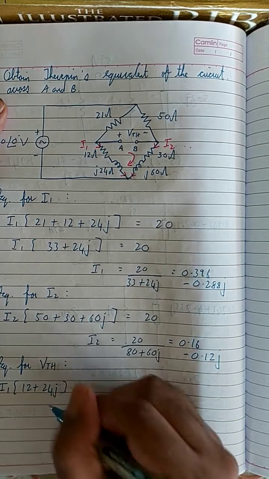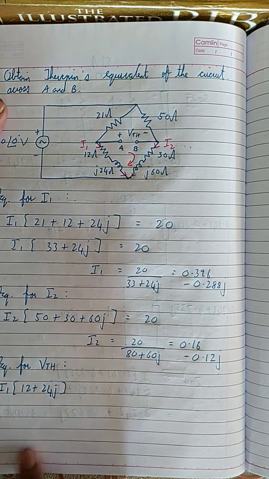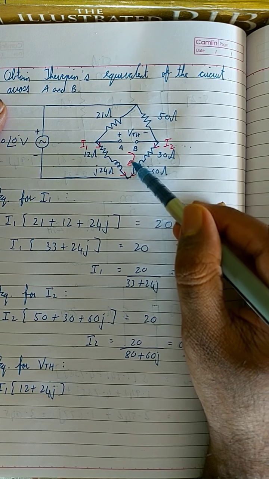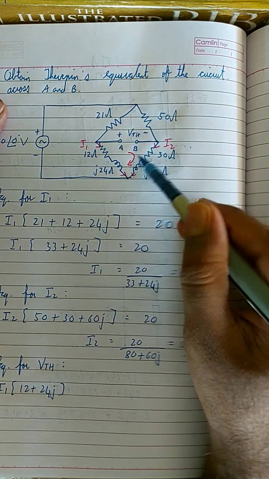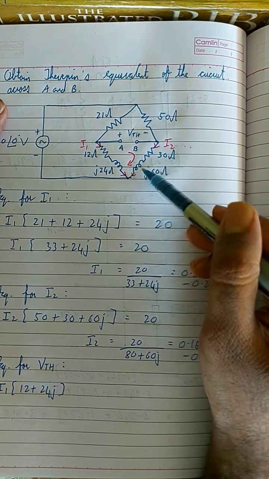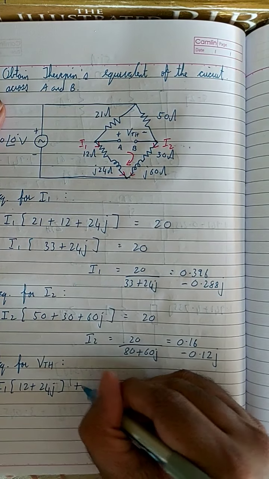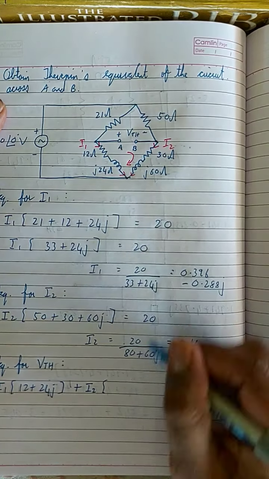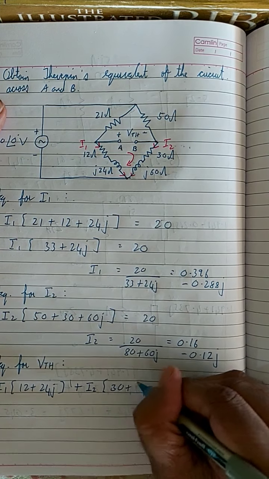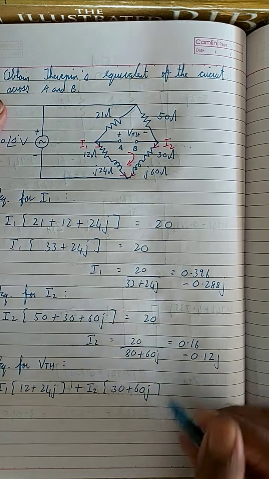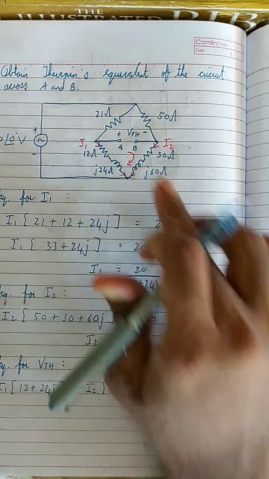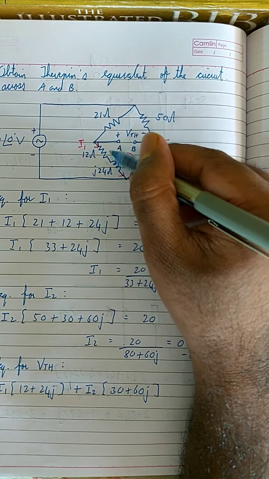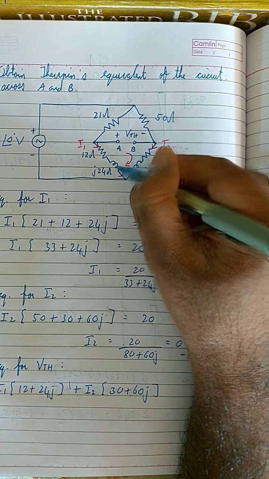And for I2, this current and this I2 current are flowing in the same direction, so it is plus I2 into (30 plus 60J). And what about the VTH? If you look over here, this current is flowing from left to right, in the clockwise direction.